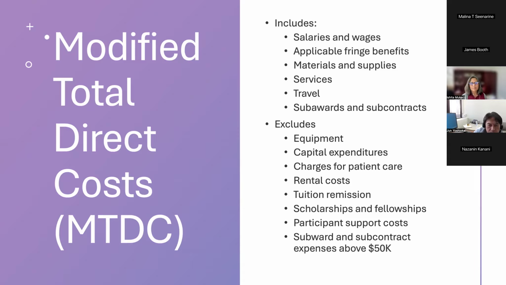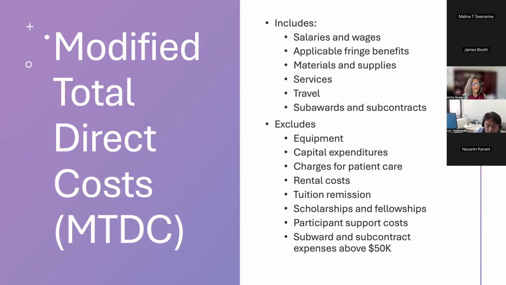I will say for subawards and subcontracts, it's only up to a particular dollar value that they're considered direct costs. Underneath the rubric of modified total direct costs, things like equipment, capital expenditures, rental costs, tuition remission, scholarships and fellowships, and participant support costs like stipends are excluded from the indirect cost calculation.